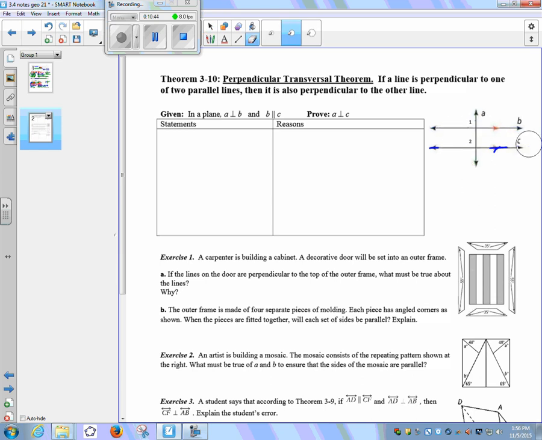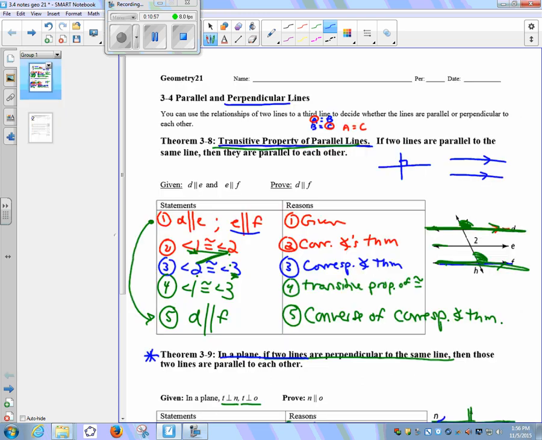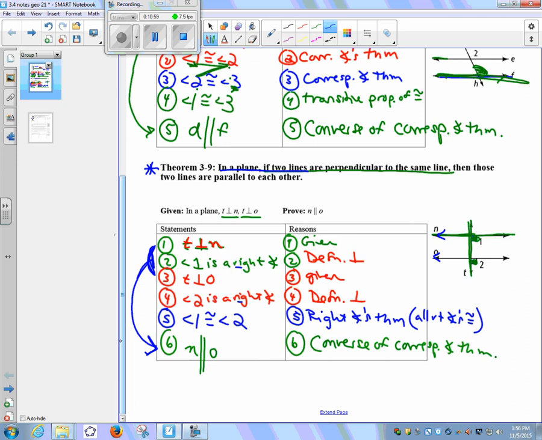Given parallel lines and one thing known to be perpendicular, you're proving that the other thing is also perpendicular. A little different than what we did before. What we knew before was two perpendicular situations, and we were trying to prove lines parallel.